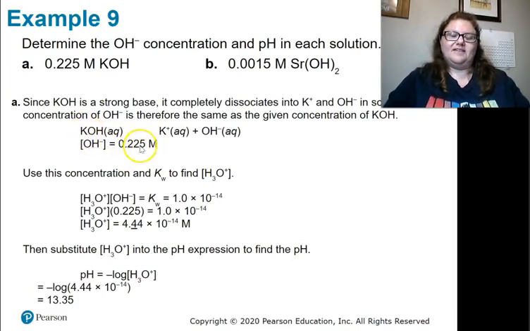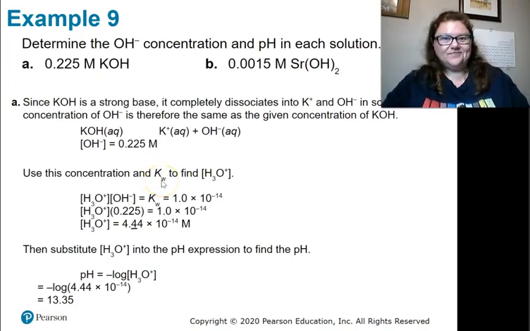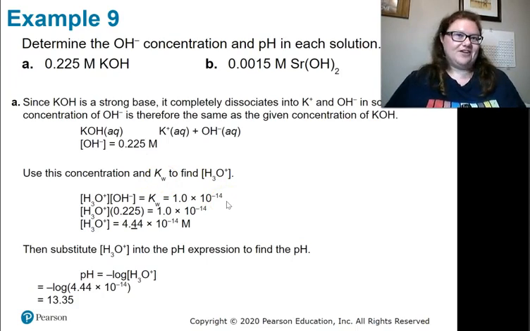We can say that the OH ion concentration is what was given, 0.225. So now we can use Kw, throw it in, and solve algebraically for the hydronium ion concentration. And when we do that, we get 4.44 times 10 to the negative 14. That 4 is underlined because that's a significant digit.